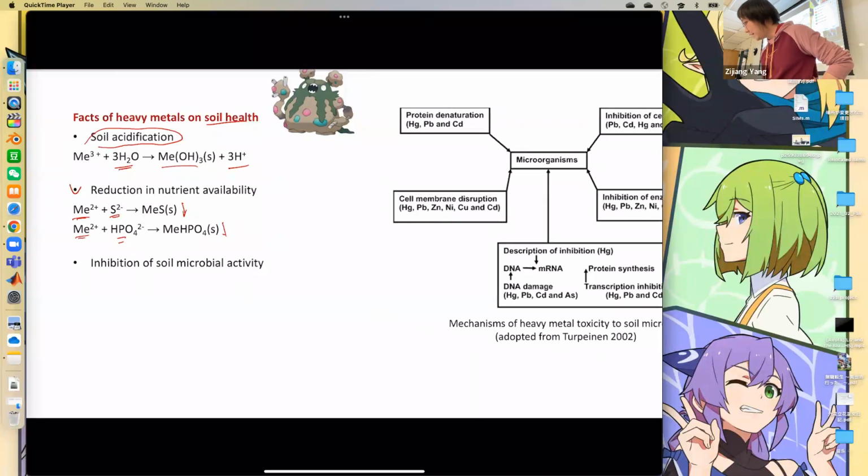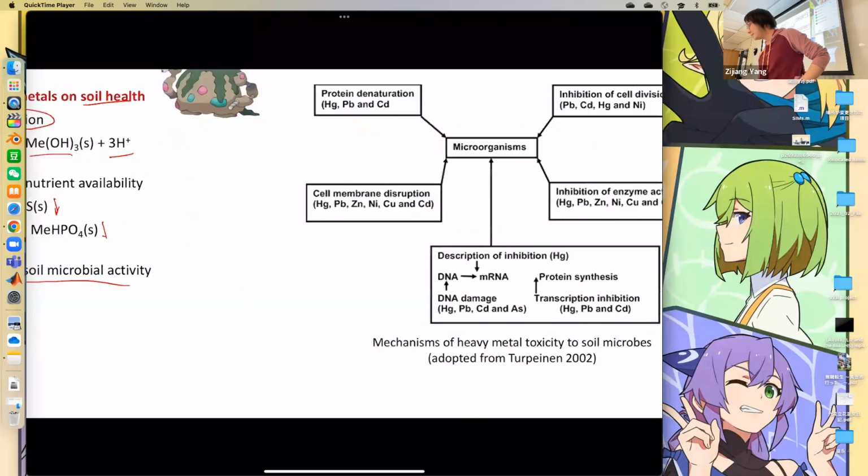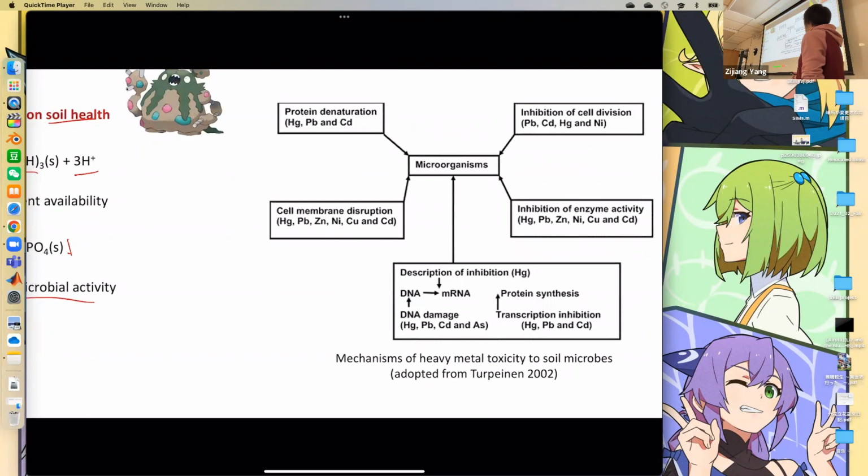It may also inhibit soil microbial activity. On the right side is a summary of the adverse effects, or the mechanisms, of heavy metal toxicity to soil microbes. I'm not going to read them, but we can see that there are a variety of negative effects on the microorganisms in the soil.